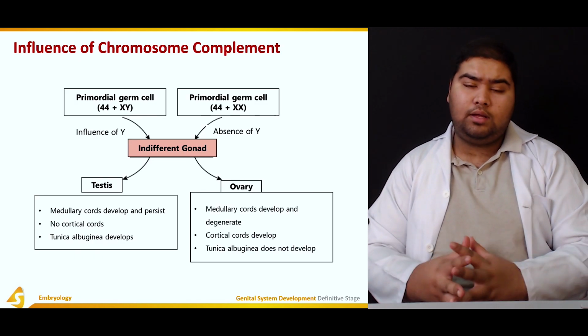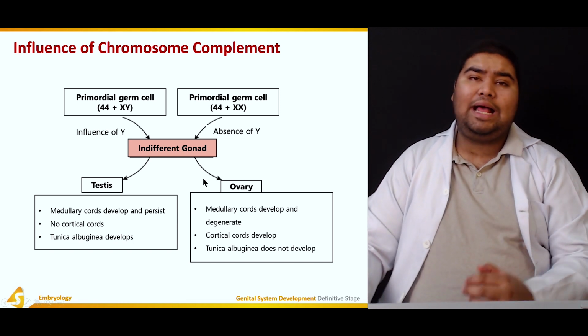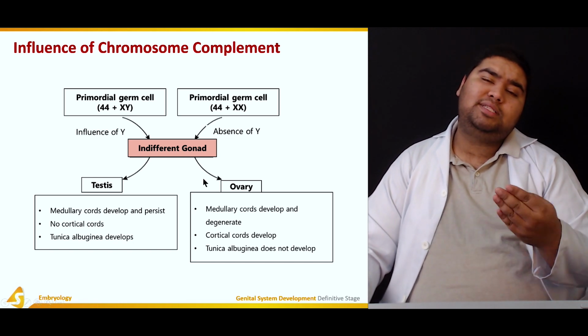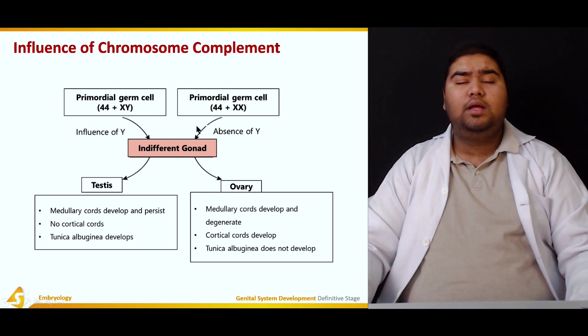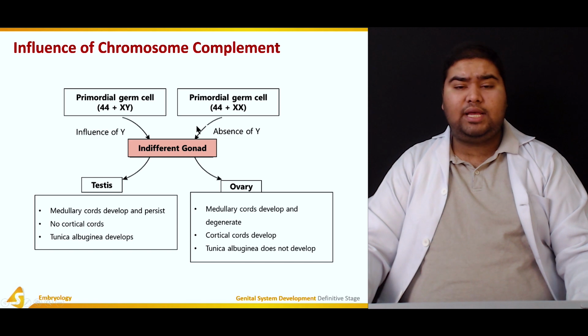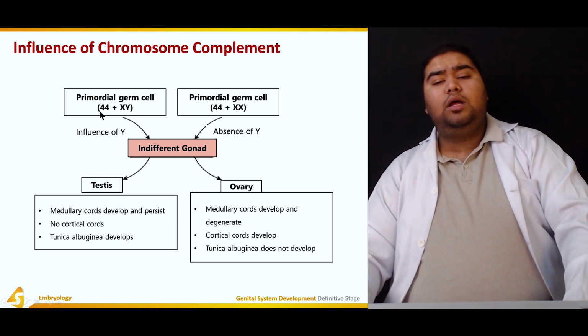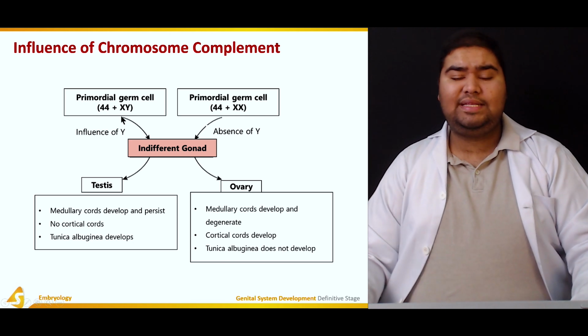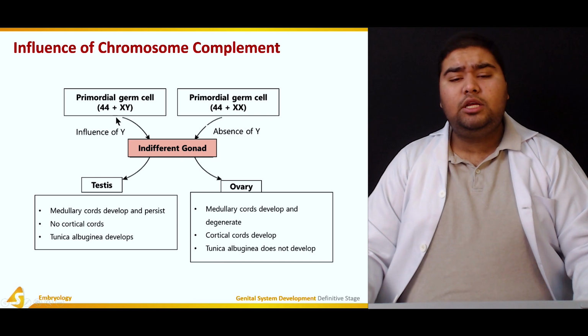So again, recapping what actually happens and how the chromosomal complement results in the formation of the adult phenotypic appearance of sexual organs. We have a primordial germ cell, which is 44 plus XY, that is the male counterpart.